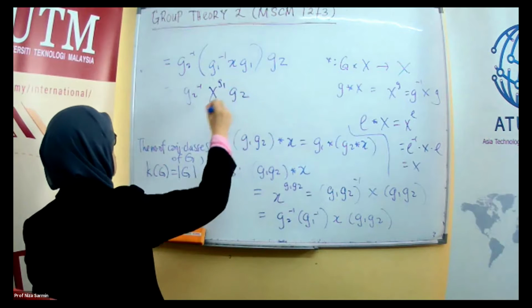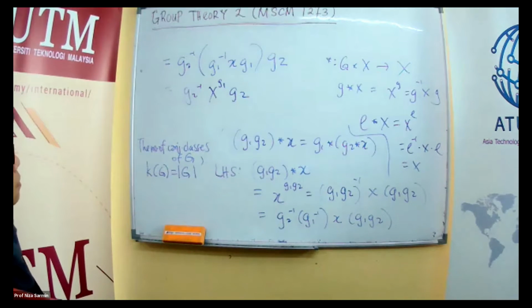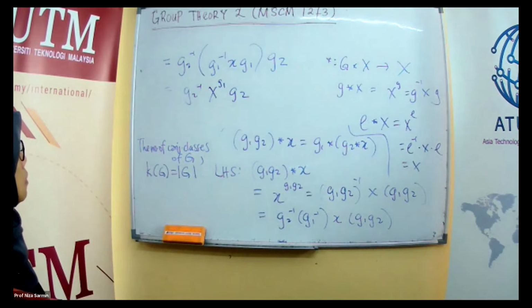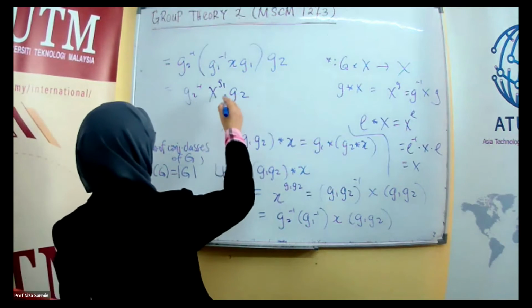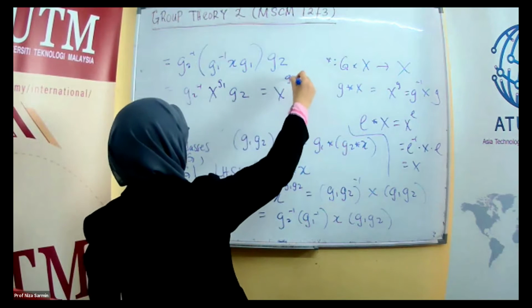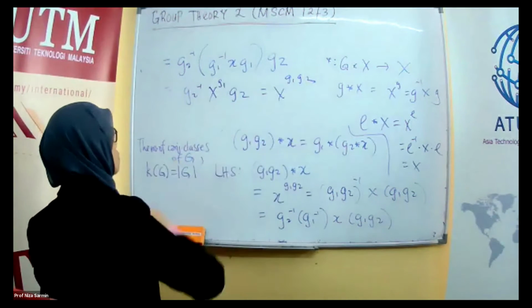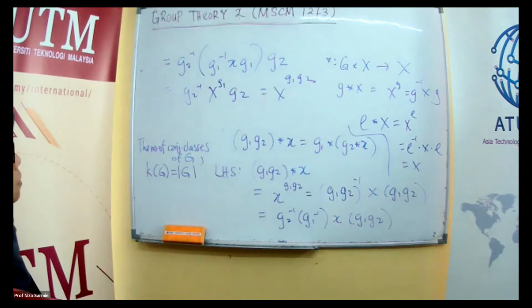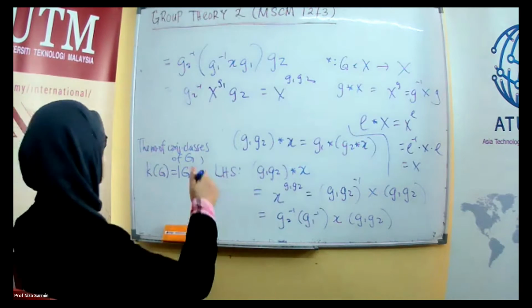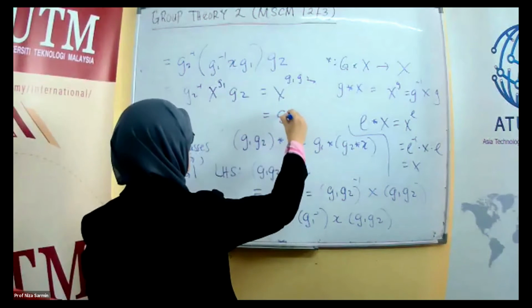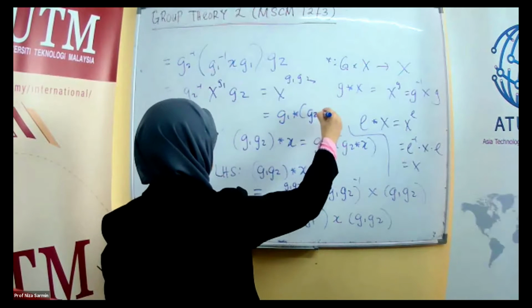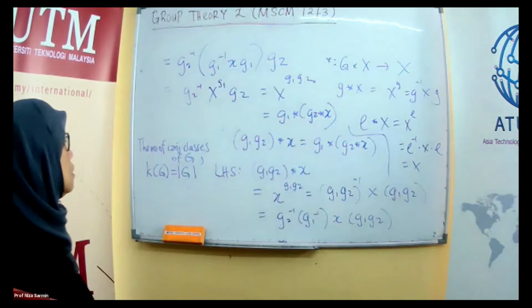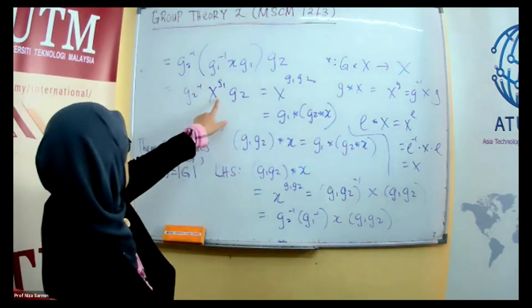You can also write it as, and G2 to that one is X G1, G2, right? With G2. Okay. But somehow, okay, so this is G1. I think this part.